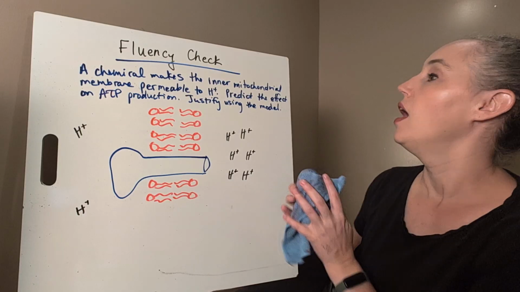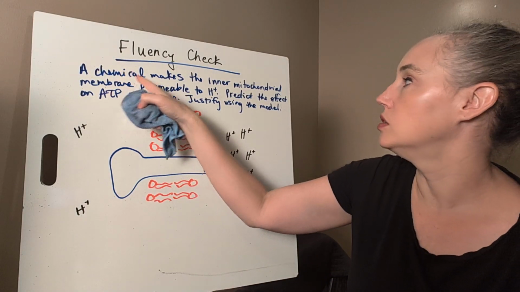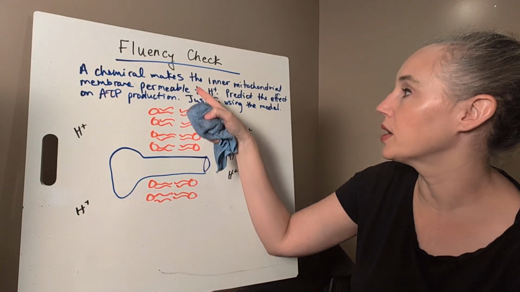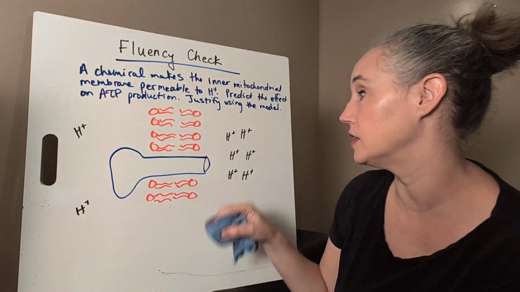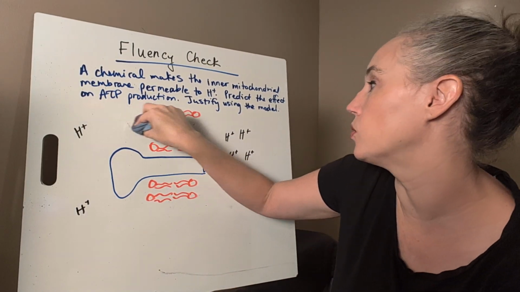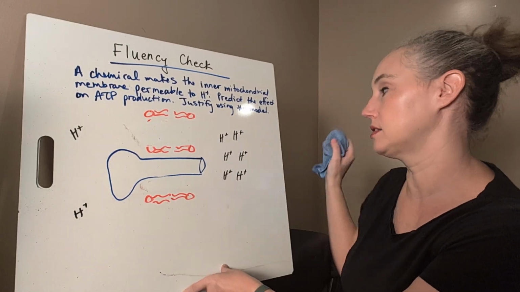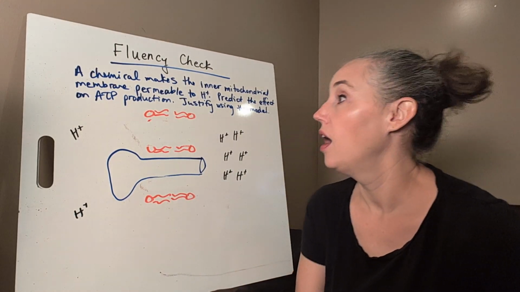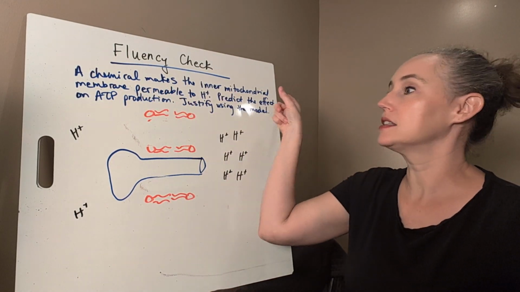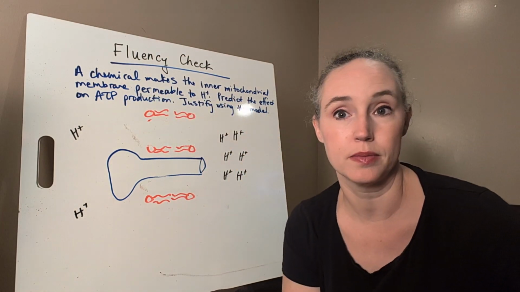It says if there's a chemical that makes the membrane permeable to H+, so if we opened up all this, predict the effect on ATP production.